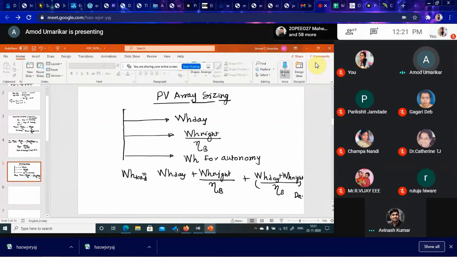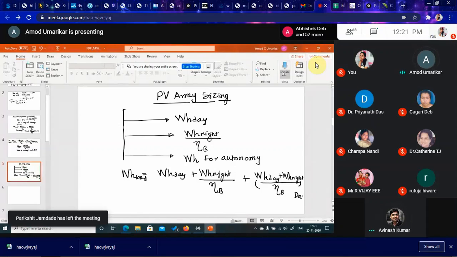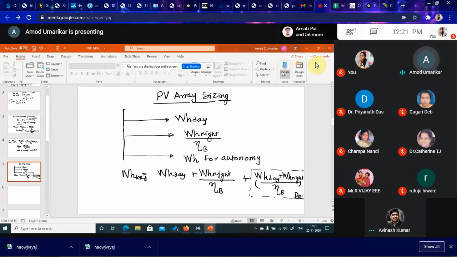As you rightly pointed out, if you consider this load it is too high for sizing, which means it will be oversized. So what we have to do is handle this part. Over the days of autonomy, the battery will complete the supply, so we have to replenish the charge, or recharge the batteries again. We'll divide that replenishing of charge over a number of days rather than one day.